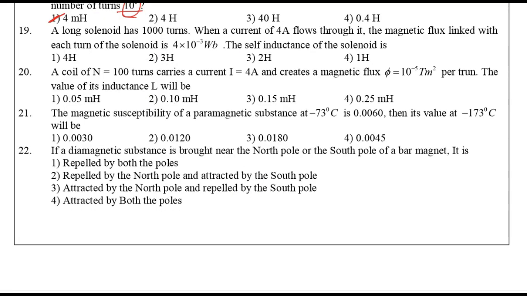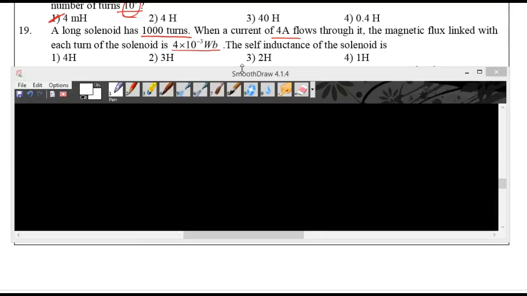A long solenoid has 1000 turns. When a current of 4 amperes flows through it, the magnetic flux linked with each turn of the solenoid is 4 into 10 power minus 3 Weber. The self-inductance of the solenoid is? Now we know that flux is directly proportional to current, so flux is equal to Li.